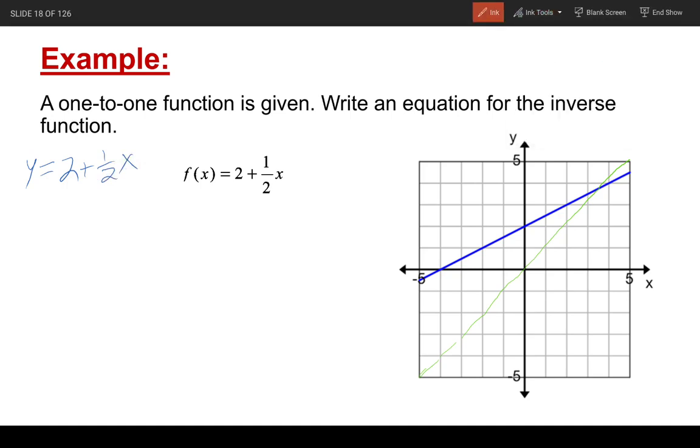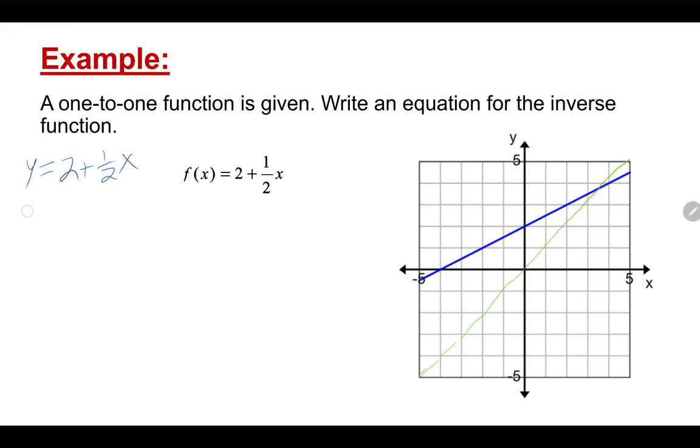So now we have x equals 2 plus 1/2 y. Now I'm solving this for y. So I'm going to subtract 2: x minus 2 is equal to 1/2 y.